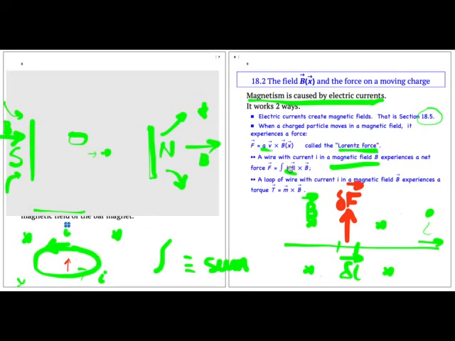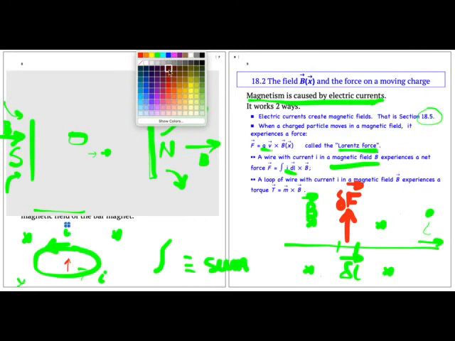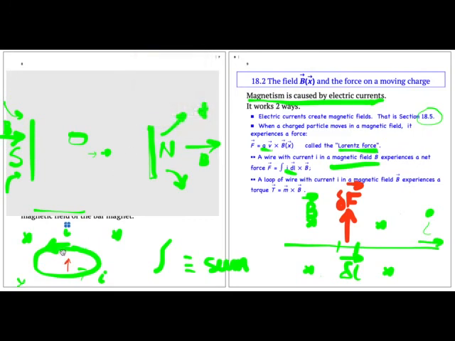Well, if I change the direction of dl, I change the direction of the cross product. So on the far side, the direction of the force is downward. So there's a downward force over here and an upward force over here. The net force is 0.